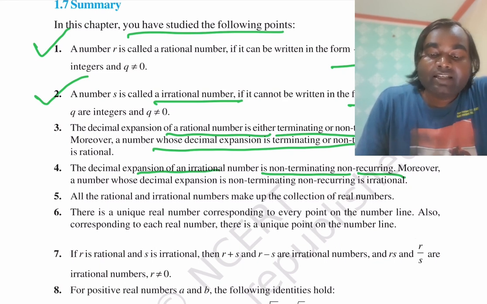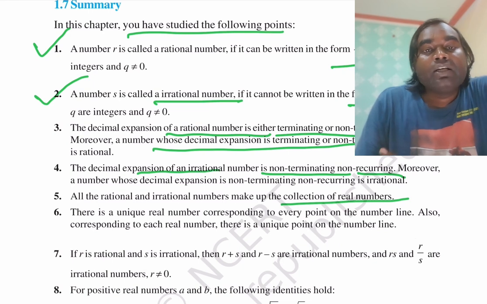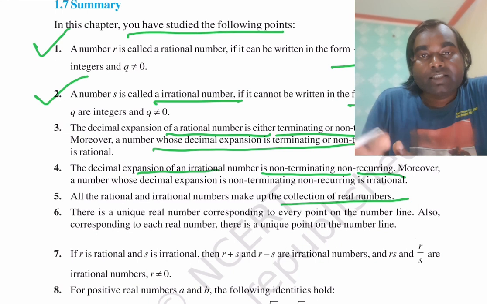So never ending and never repeating, that is then an irrational number. All the rational and irrational numbers make up the collection of real numbers. Real numbers means rational plus irrational. That's why the number line is called the real number line.